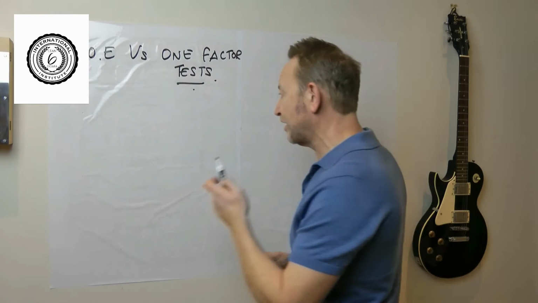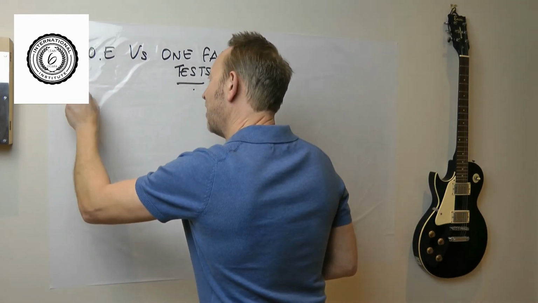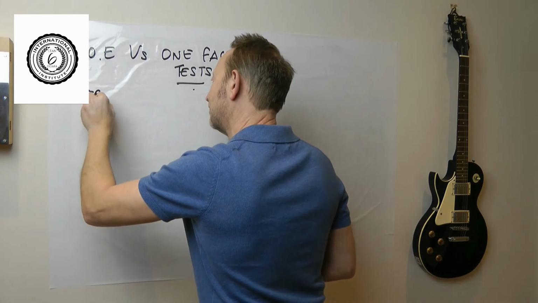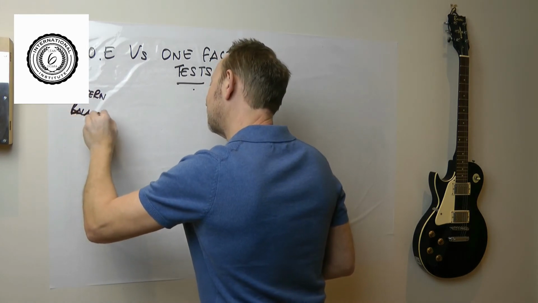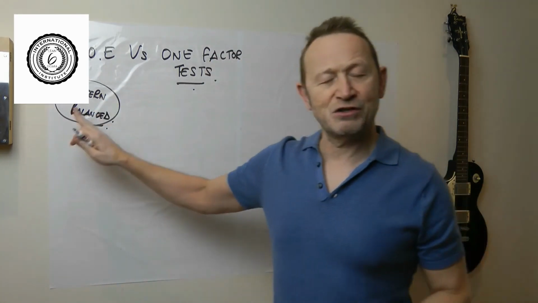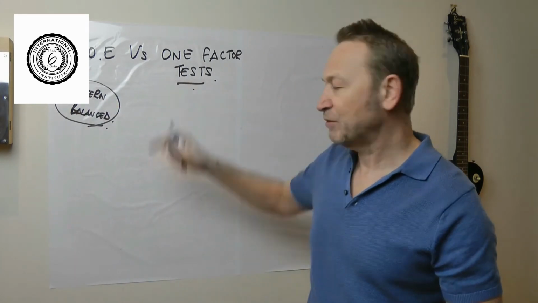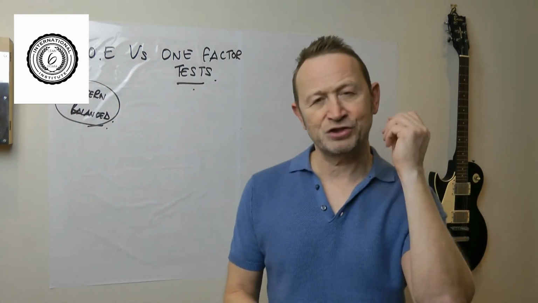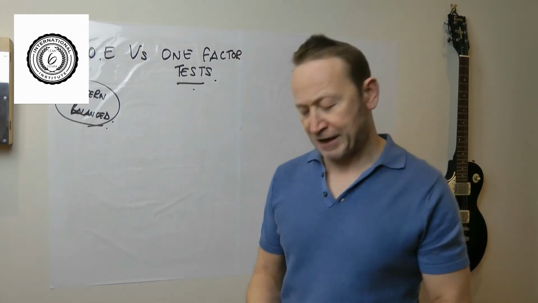Now the designed experiment, the special pattern, it is a balanced pattern. Now people tend not to use this. Often they haven't been taught it. But if they're going to do a deliberate engineered test, they typically go for a one-factor test.